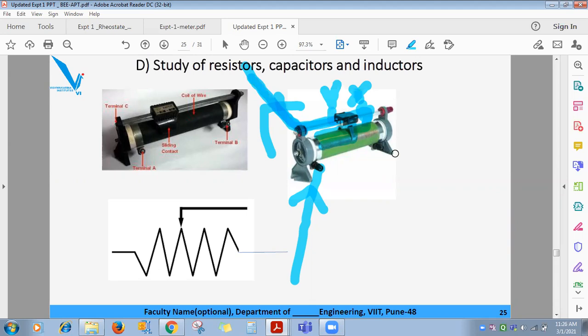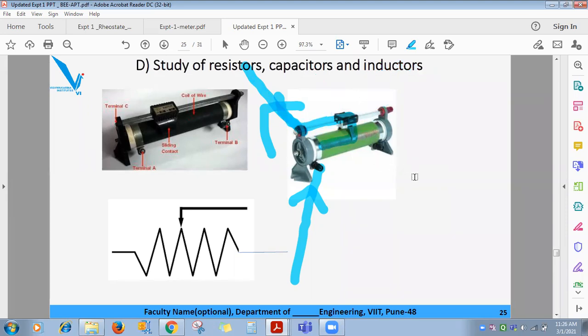Means if you go on changing the position of the sliding point contact, the turns in the circuit change and the resistance of the circuit or rheostat changes. Got it? Now, can you tell me, if the sliding point contact is toward point A and if it is toward point B, which position is the minimum resistance position and which is maximum?